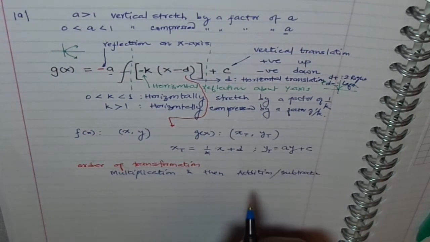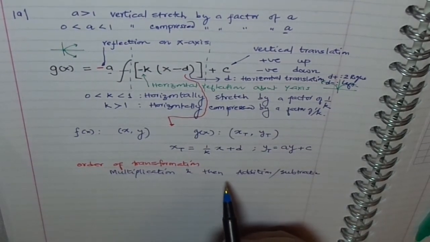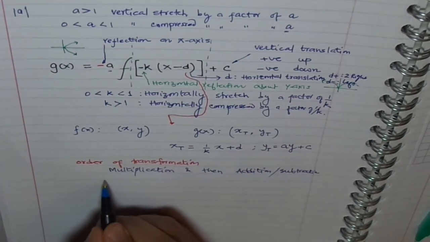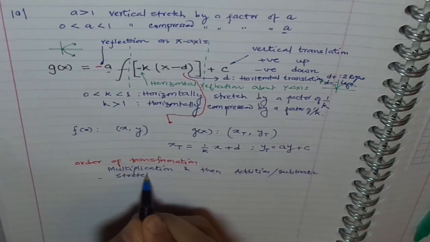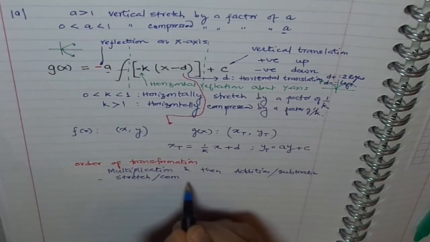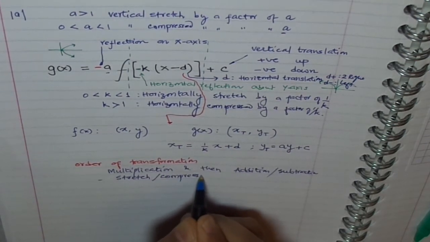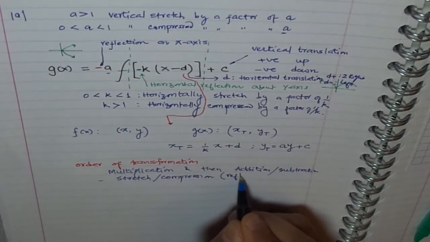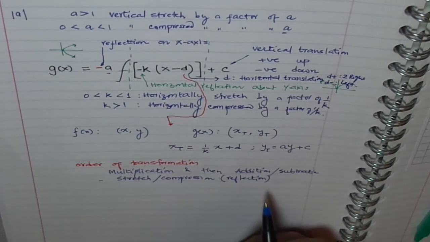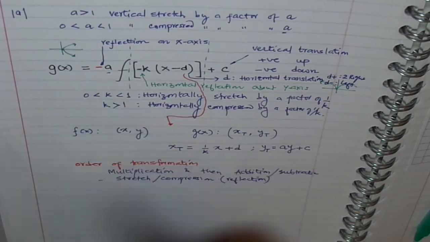What I'm trying to say is, on the function, first you should do what? First you should do stretch or compression, including reflection. See, reflection is a part of stretch or compression.